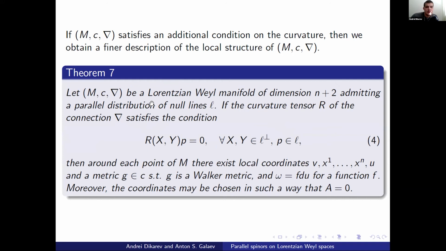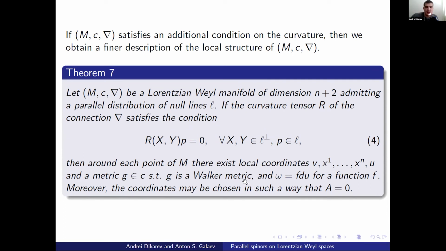The theorem says: if we have a Lorentzian Weyl manifold of dimension n+1 which admits a parallel distribution of null lines, which will be denoted by L, then the connection nabla satisfies this condition, and around each point there exist local coordinates and a metric g which is a Walker metric.